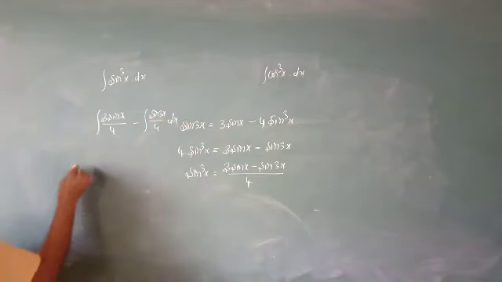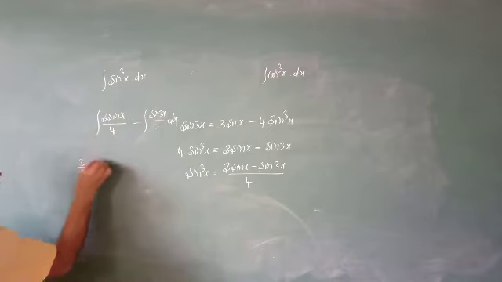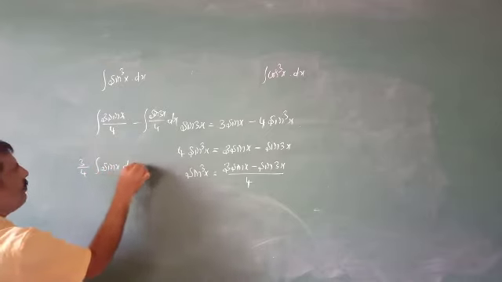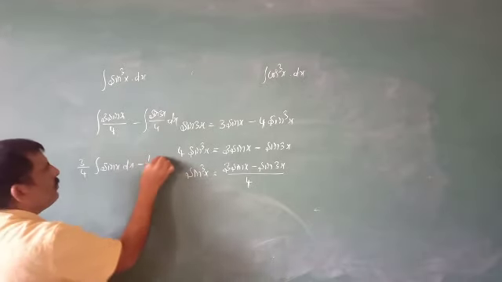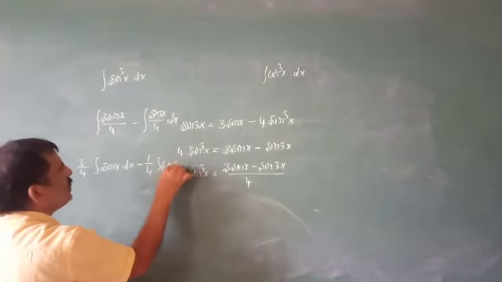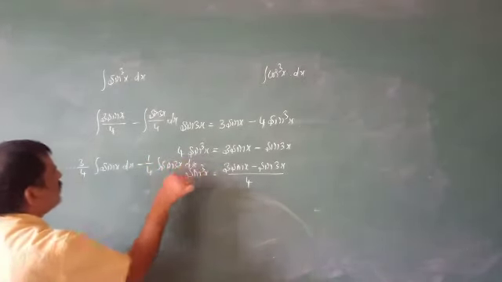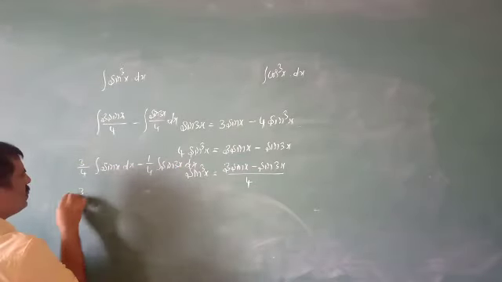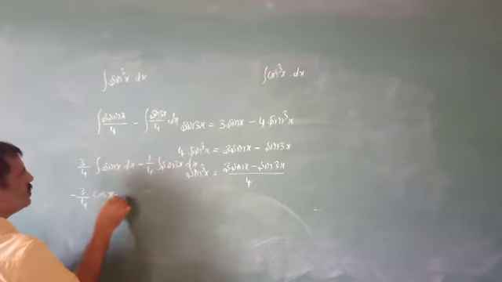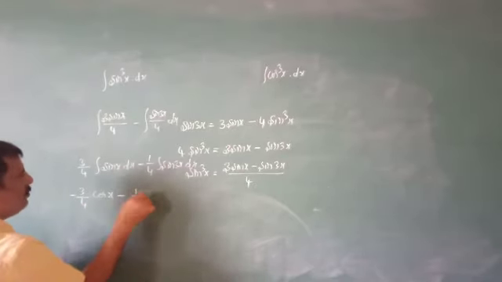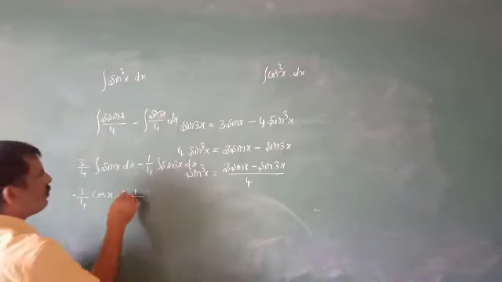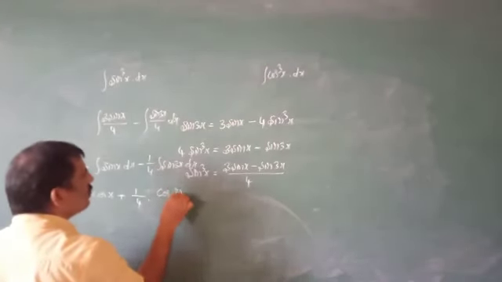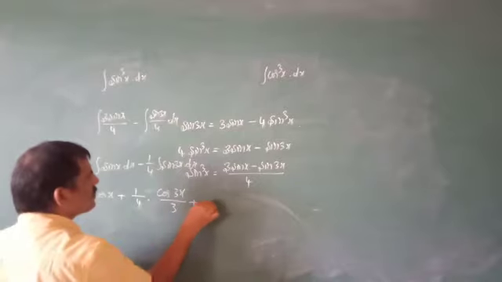That is 3 by 4, the common factor, into integrate of sin x with respect to x, minus 1 by 4 into integrate of sin 3x with respect to x. That is 3 by 4 into, sin x is minus cos x, so minus 1 by 4 into, sin 3x is minus into minus plus, cos 3x divided by 3 plus c.